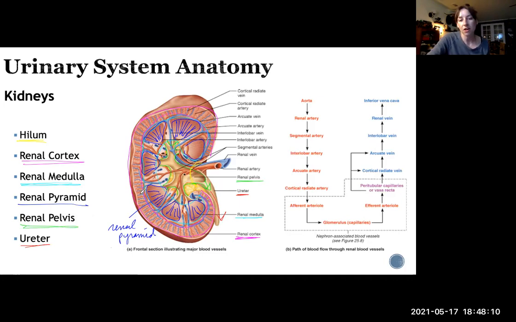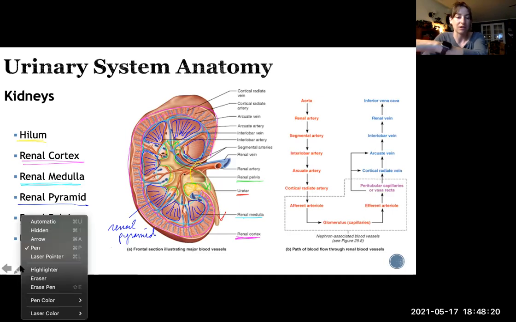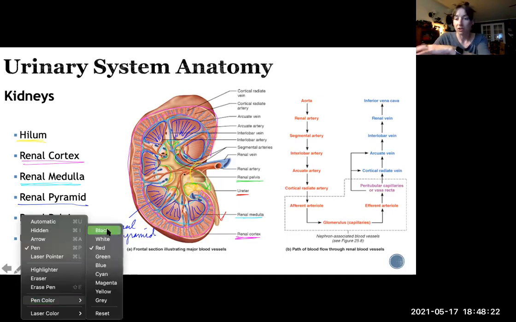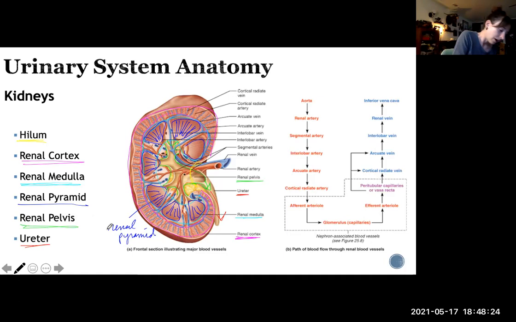Okay. This also shows you a little bit more detail about the blood supply of the kidney at large. So from the aorta to the renal artery, which of course you need to know because we already learned that, right?